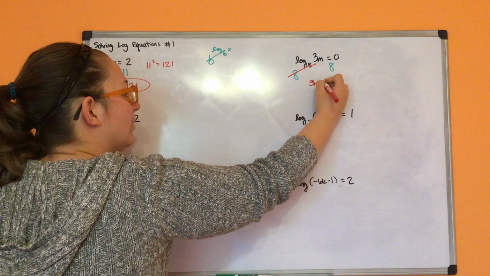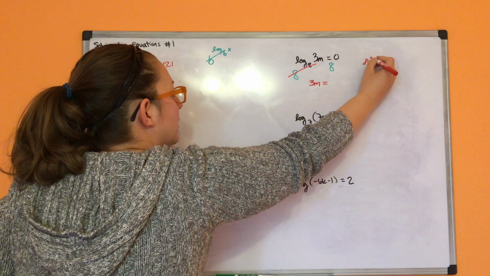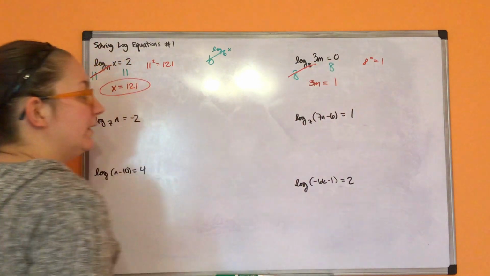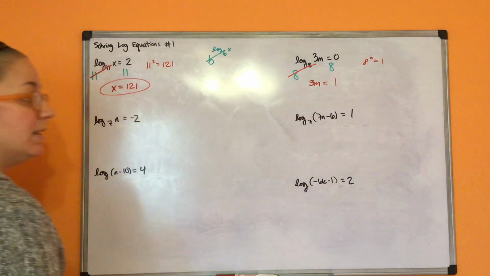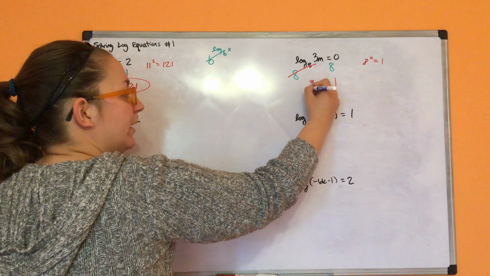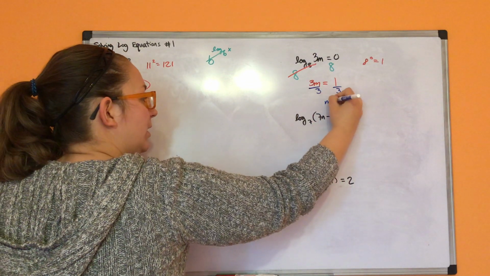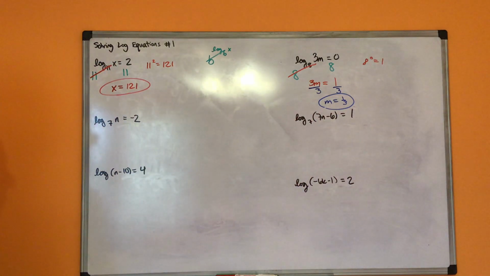So I get just 3m here. 8 to the 0 power: anything to the 0 power other than 0 is 1. So I get 1 on this side. I'm not completely done yet though, because I want m completely by itself. To get m by itself, I need to divide both sides by 3. And so I get m equals 1/3. You could also write this as a decimal point 3 repeating if you'd rather.